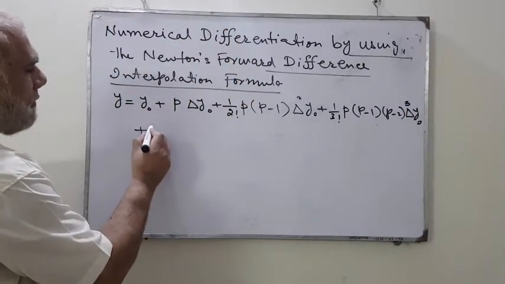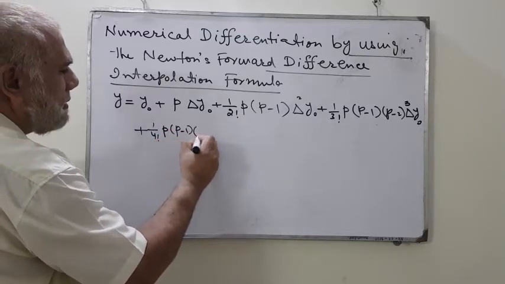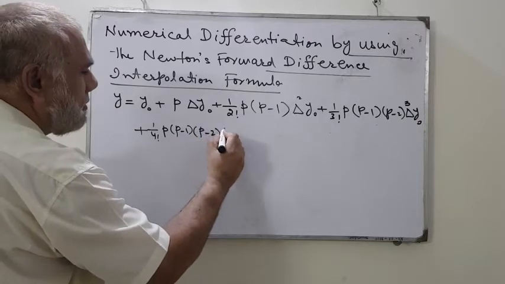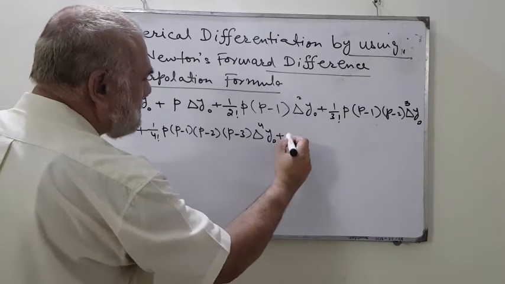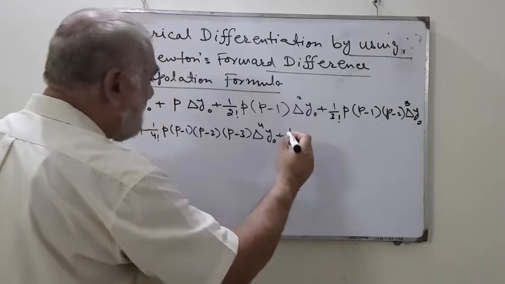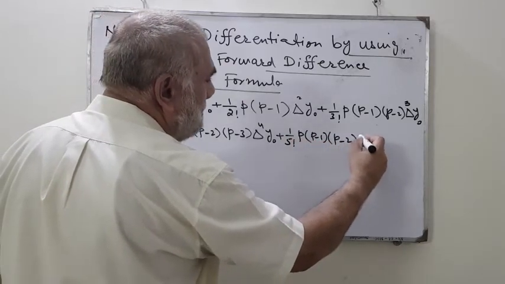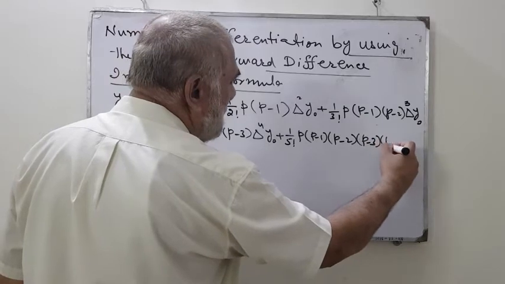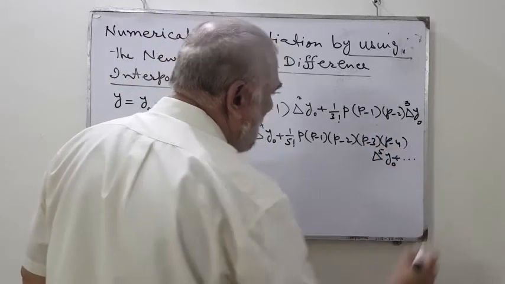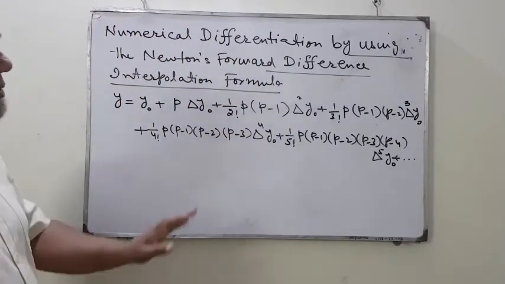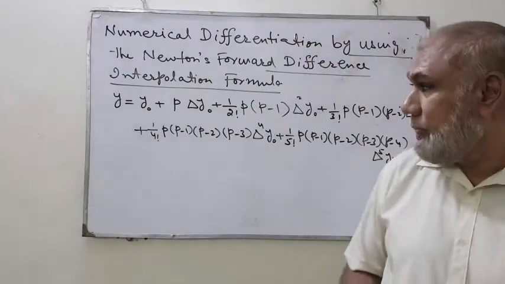The next term is 1 by 4 factorial p into p minus 1, p minus 2, p minus 3 delta 4y0, and one more term, p into p minus 1, p minus 2, p minus 3, p minus 4 into delta 5y0, and there can be many more terms. This is the formula which we derived in our previous lecture for interpolation.